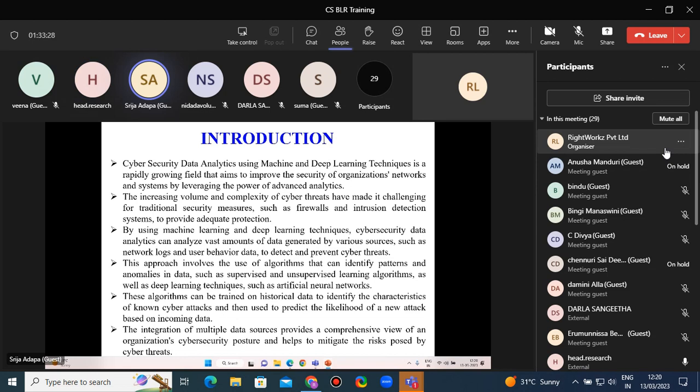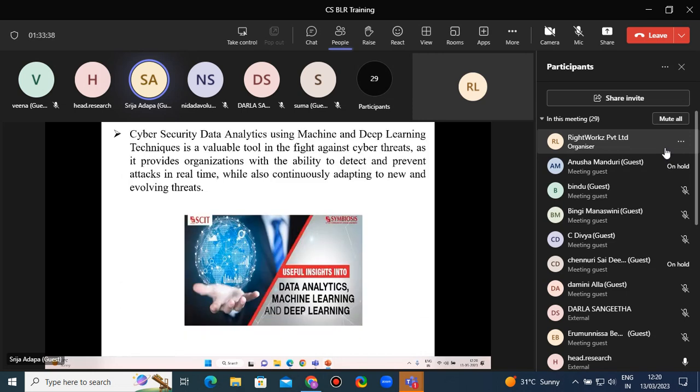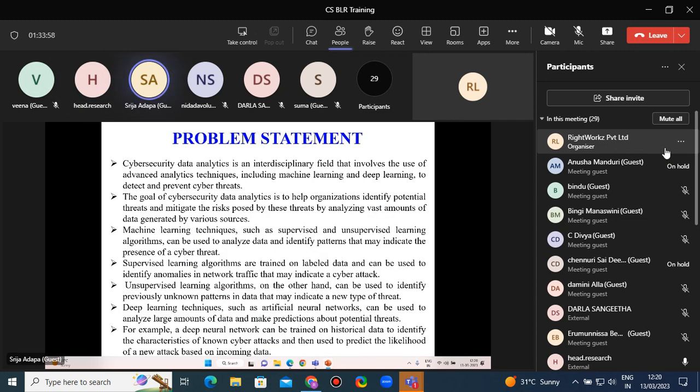The integration of multiple data sources provides a comprehensive view of an organization's cybersecurity posture and helps to mitigate the risk posed by cyber threats. Cybersecurity data analytics using machine and deep learning techniques is a valuable tool in the fight against cyber threats, as it provides organizations with the ability to detect and prevent attacks in real time while continuously adapting to new and evolving threats. Problem statement.